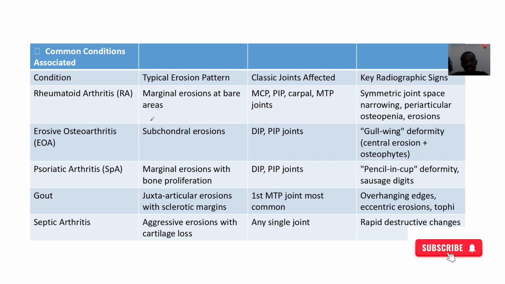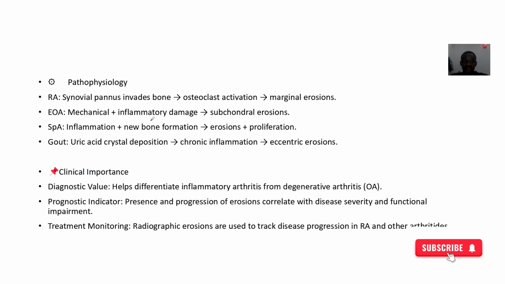So you can pause and look at the type of erosion pattern, the joints that are mostly affected. MCP is the metacarpophalangeal, okay, then the PIP, then the MTP. So pathophysiology is just trying to look at how the erosions come around, how new bone formation, inflammation is what actually gets to form all of that.